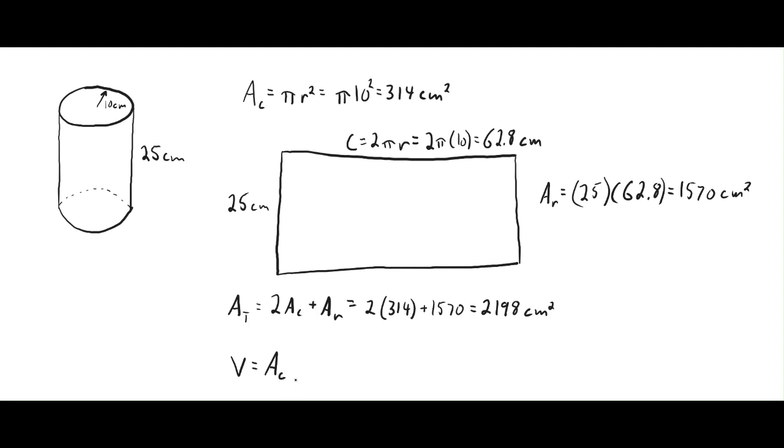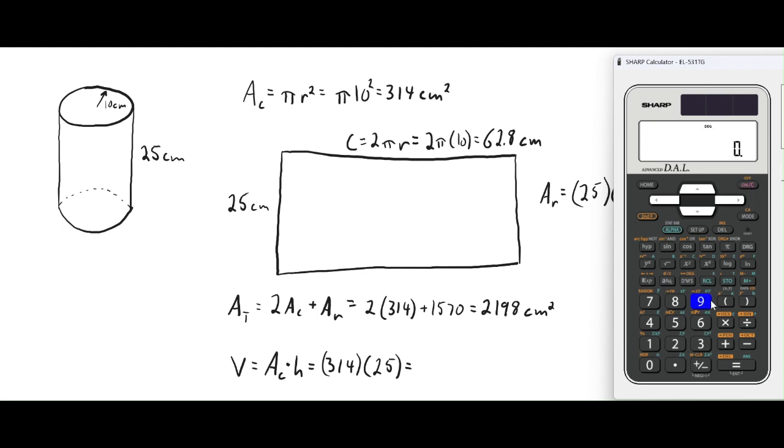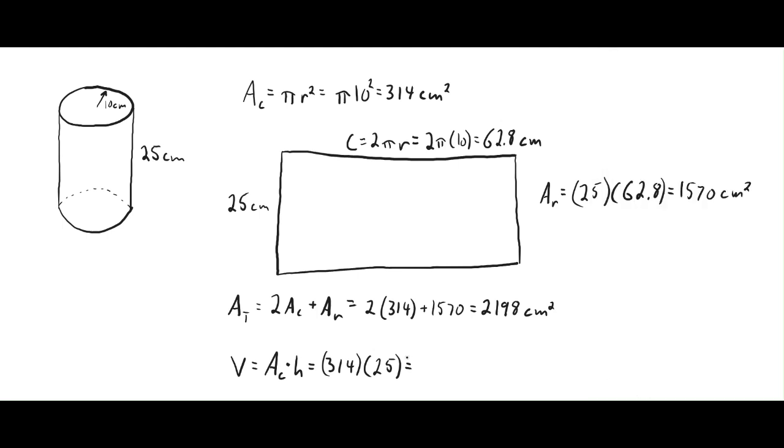So area of the circle times height gives us 314 times 25, which is 7,850.